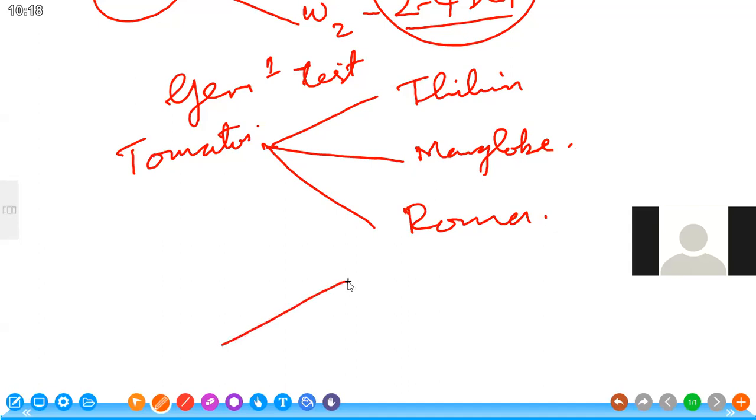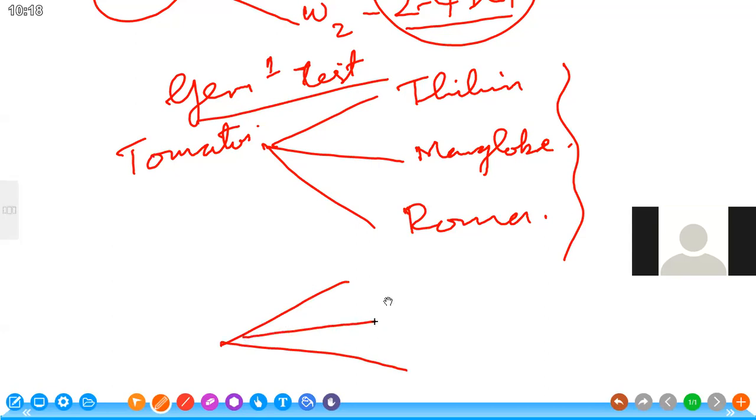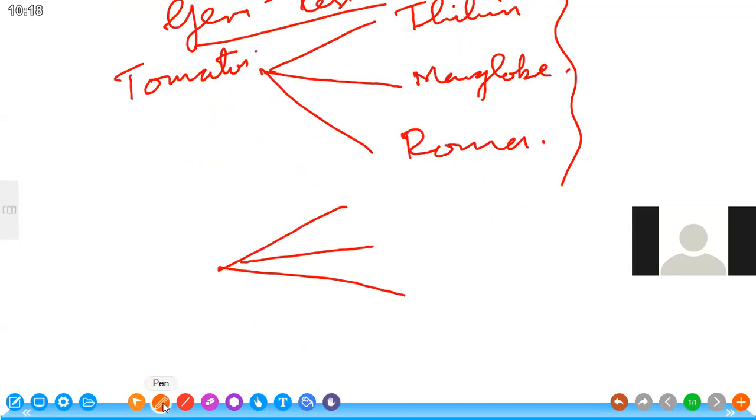I have a germination test for different varieties. Let's say I have germination hormones in the market. I don't know, Rootone or whatever it is.